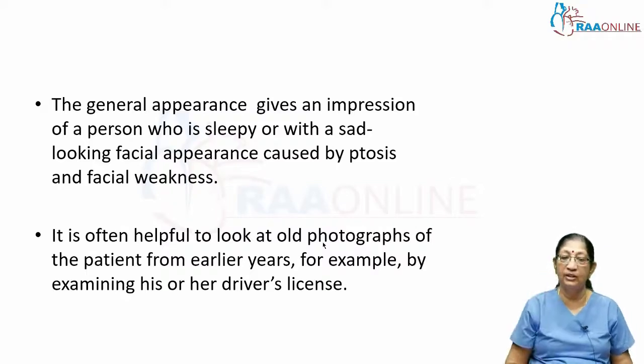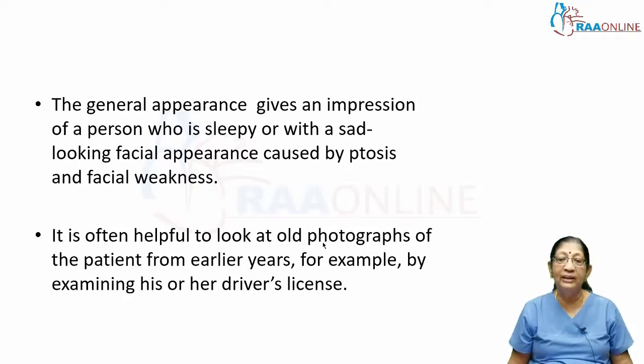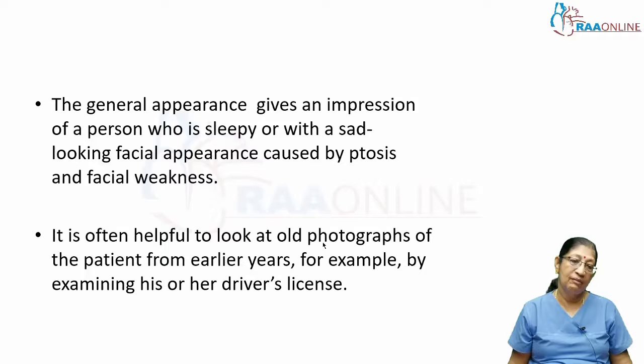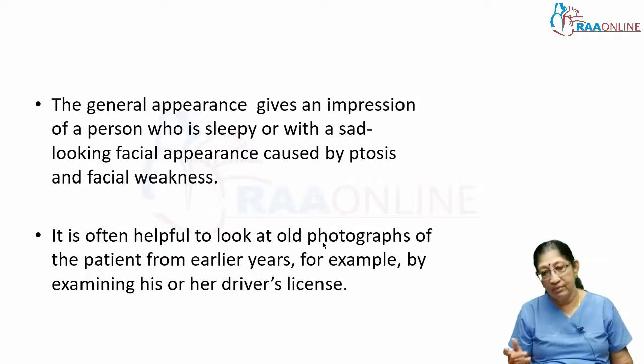So, you think that the patient is sad, and sometimes we ask them to show us old photographs, because they have a driving license, which is at least to some extent helpful in identifying their features from a younger age. Or now the cell phone is again helpful, where they can show older photographs from when they were a child or a different age. Sometimes this partial ptosis may be present from a much younger age, where they wouldn't have recognized it also.